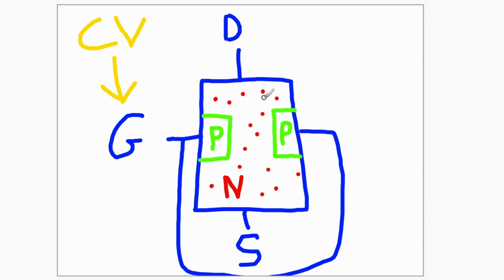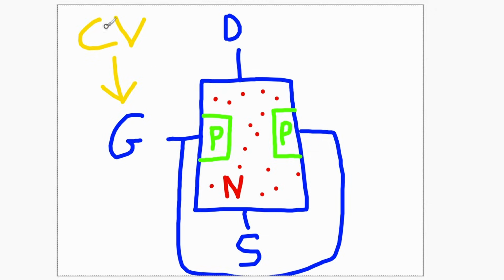It can only conduct so much. It can only allow so much current to flow through here before it can't allow any more, because there's just not enough conductive material to allow the current to flow from the source to the drain.